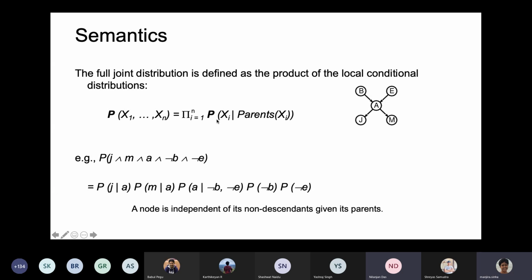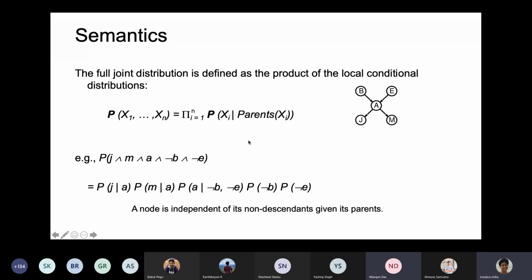For example, this will be probability of burglary times probability of earthquake times probability of A given B and E times probability of J given A times probability of M given A. In this way, we find the full joint distribution of the Bayesian network.